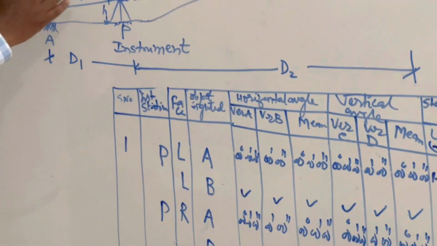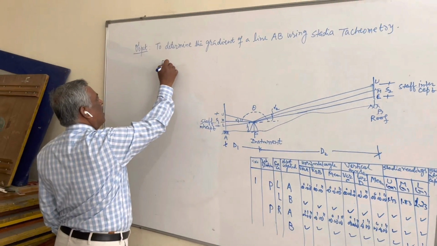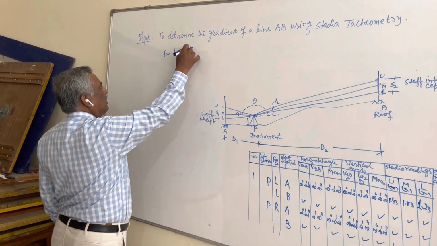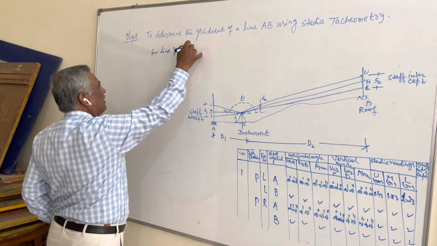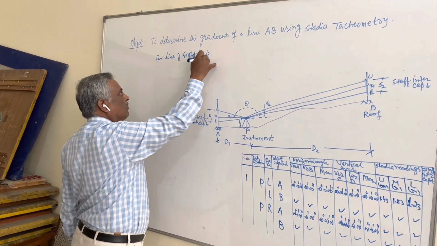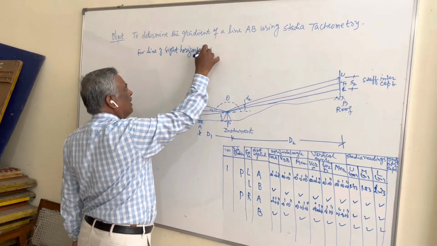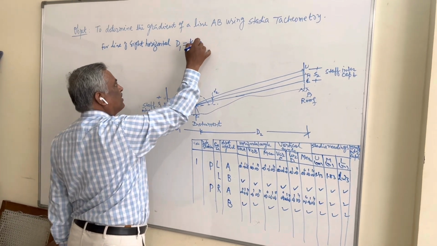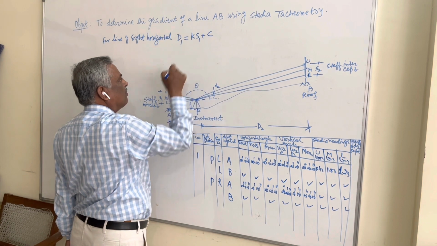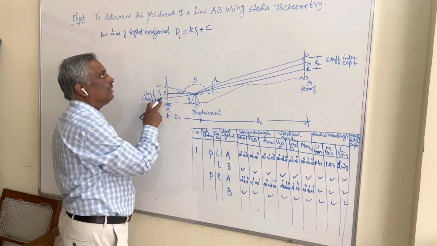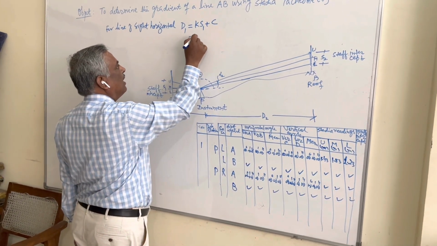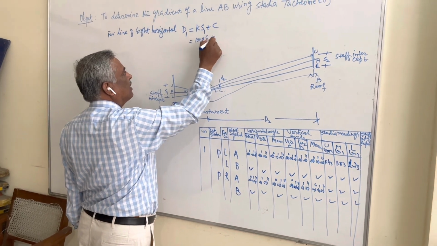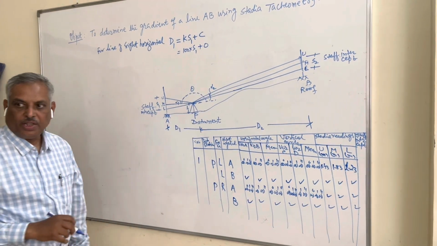So this is for the line of sight horizontal. D1 is equal to Ks plus C, Ks1 plus C. S1 is the staff intercept. So this is 100 into S1 plus 0. This is the value of D1.